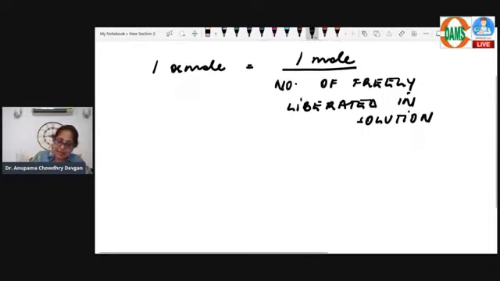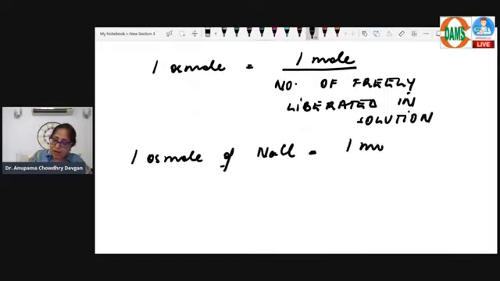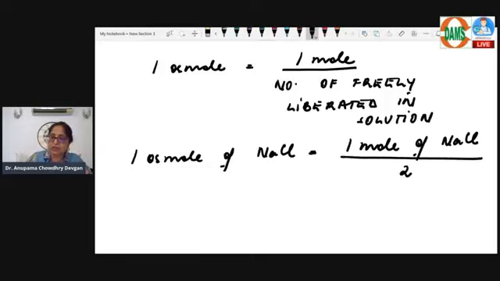Now, 1 osmole of, let's say, sodium chloride is equal to 1 mole of sodium chloride divided by the number of freely moving particles liberated in solution, and that was 2.